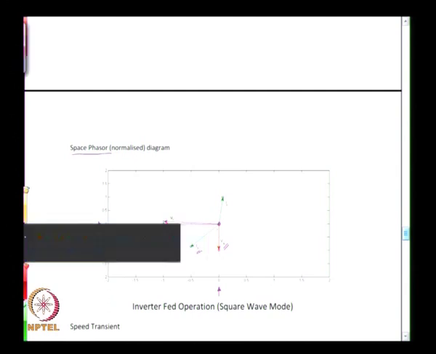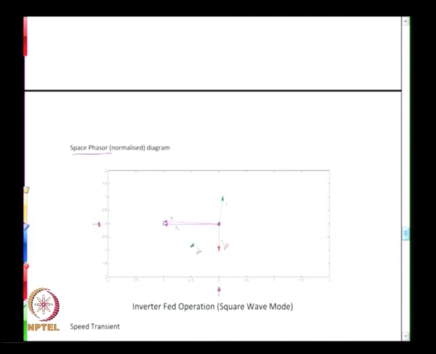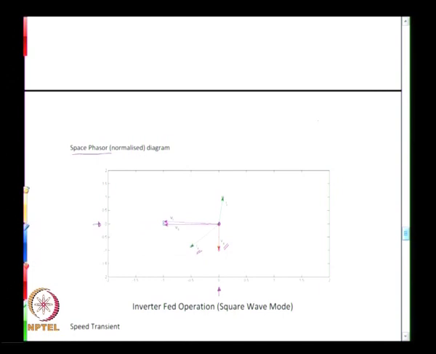and the stator flow of current, the rotor current phasor, and these two are phasors of the stator flux and the rotor flux as determined by the earlier equations. That is, psi dr for example is then Lr into IDR plus Lm into IDS, and similarly you define all of them, psi qr.